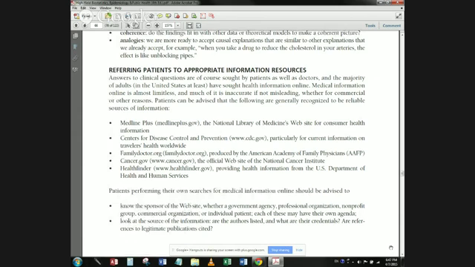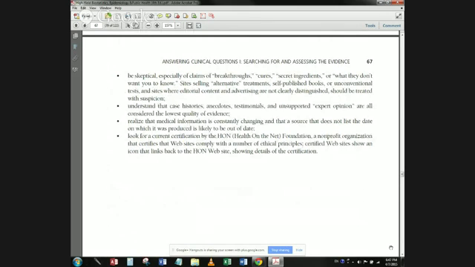Are references to legitimate publications cited? Be skeptical, especially of claims of breakthroughs and cures, secret ingredients, or what they don't want you to know. Sites selling alternative treatments, self published books, or unconventional tests, and sites where editorial content and advertising are not clearly distinguished should be treated with suspicion.